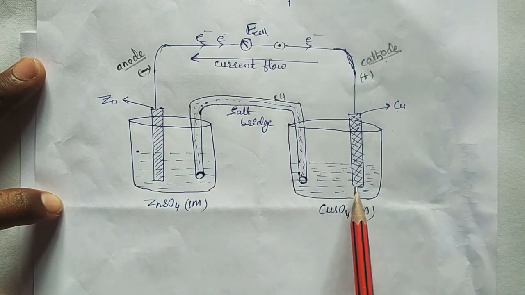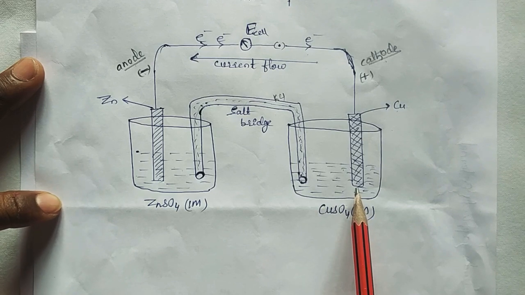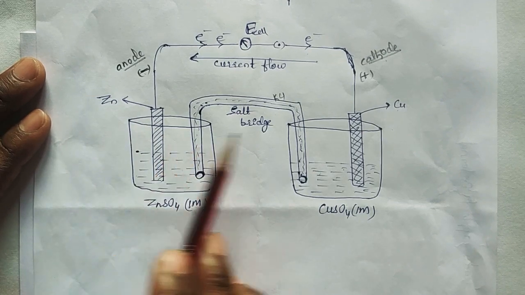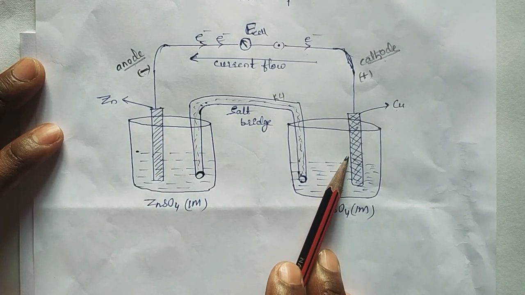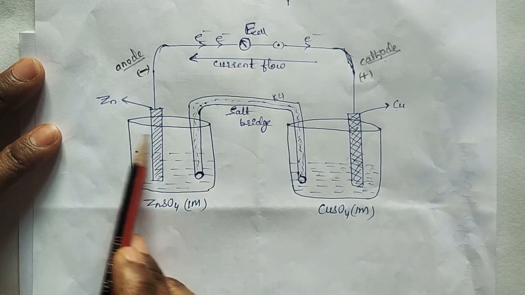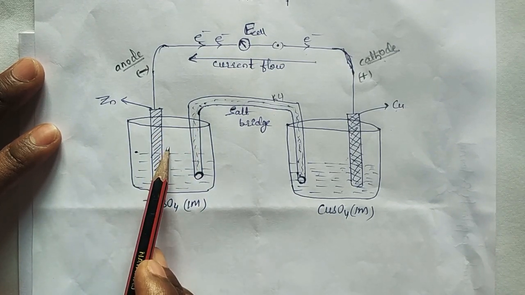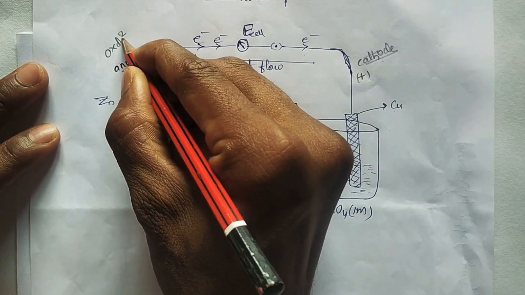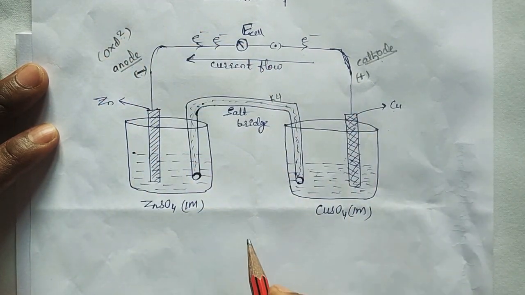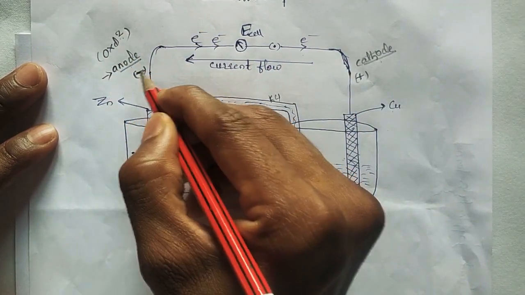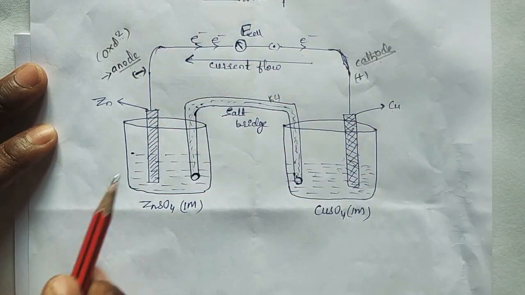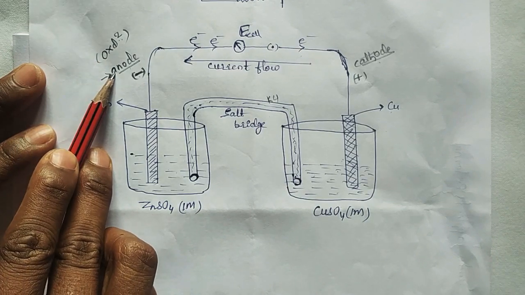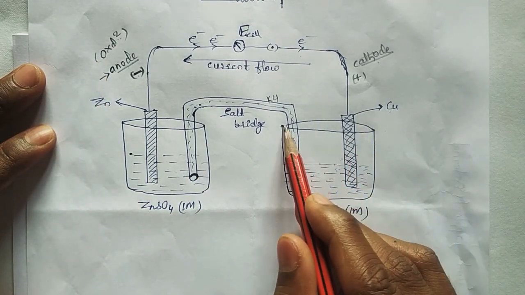So these two beakers we can call half cells, or simply redox reaction, because in one case the oxidation reaction is taking place and in the other case the reduction reaction. The half cell in which oxidation reaction takes place is known as the anode, which is the negatively charged terminal.